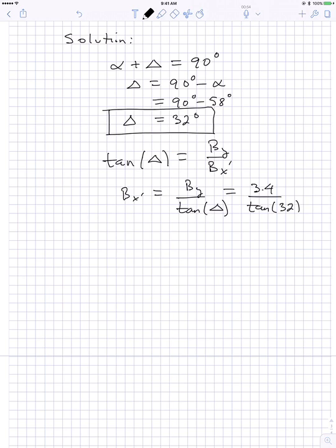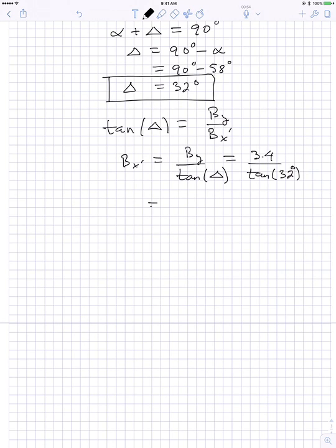Again, if you put 32 here, that needs to be in the degree mode on your calculator. If it's in radian mode and you put the degree symbol, it will convert that to radians before it takes the tangent. You know you're getting it right if you plug in and you get bx being 5.441 kilometers.